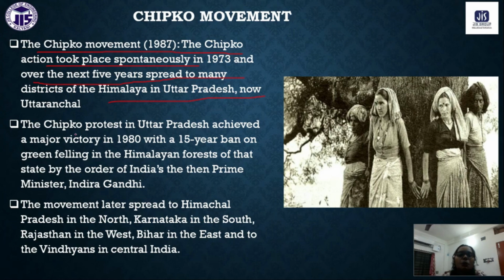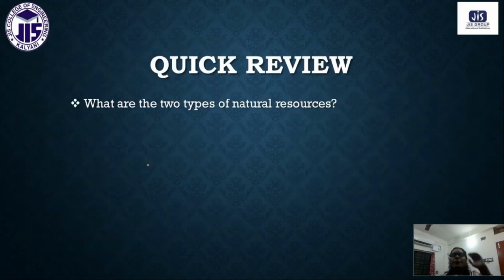The Chipko protest in Uttar Pradesh achieved a major victory in 1980 with a 15-year ban on green felling in the Himalayan forests of that state by the order of India's then Prime Minister Indira Gandhi. Okay, so this movement is a great success in protesting against the cutting of the trees. So this is all about today's topic.